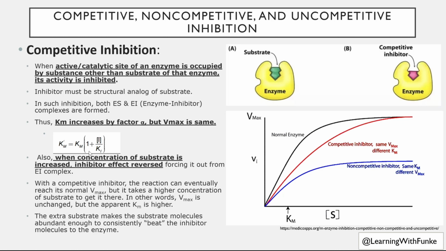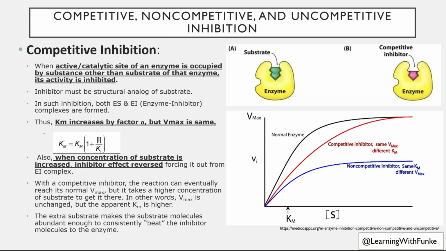And in other situations where Km is decreasing, it would also change by alpha, right? But in those situations, instead of Km times alpha, it will be Km divided by alpha. That's something that we'll be going over later on, but it's good to point that out now. So we have that at the back of our minds, how Km prime changes when we have inhibition. In this case, it's competitive.